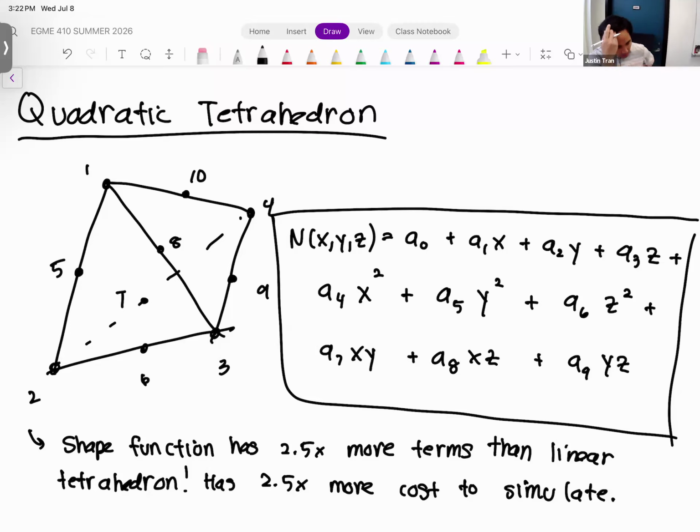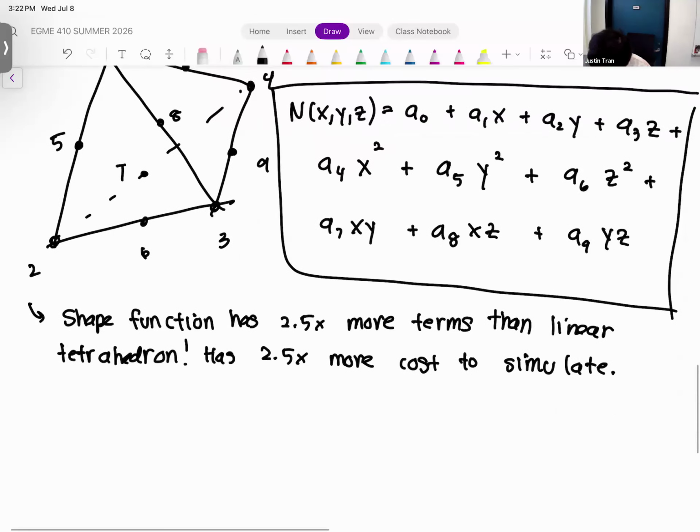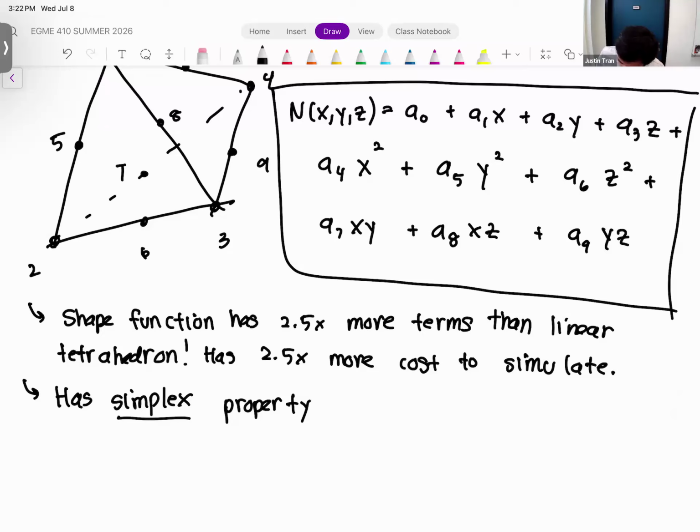Now, the nice thing about the quadratic tetrahedron is that it's still a tetrahedron shape, and so we still maintain the simplex property. Which again means that if you have a complex geometry that you're struggling to mesh with hexahedron elements, a tetrahedron will probably have a much easier time doing that.